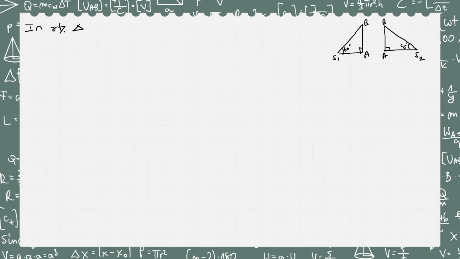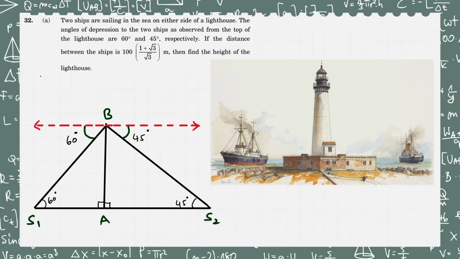In right triangle ABS1, I need the base S1A, and the perpendicular, the height of the lighthouse, we also need. So let us take the height of the lighthouse as h meters, and we will write it here. So let the height of the lighthouse be h meters.